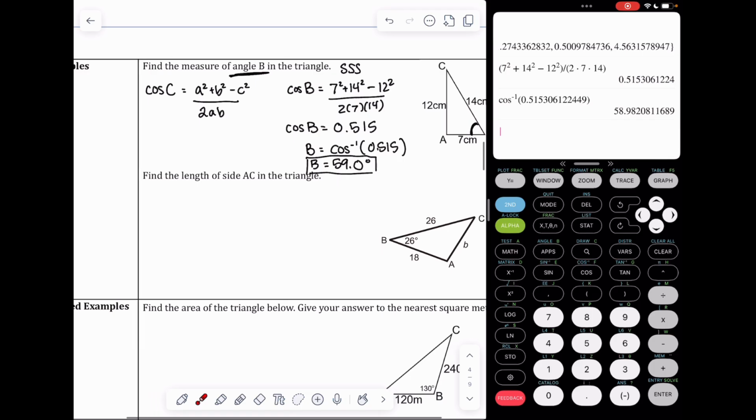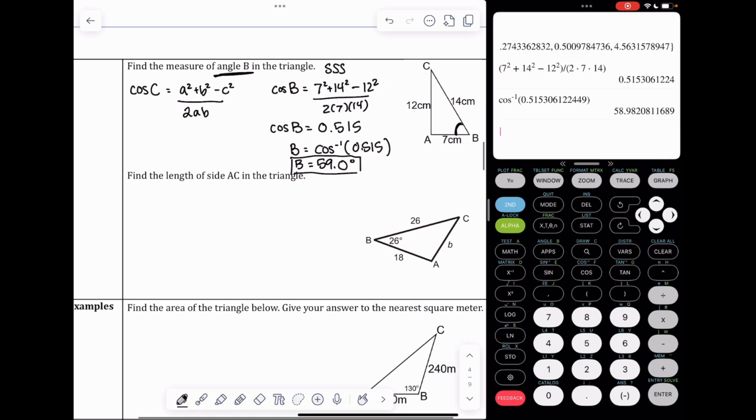So that's going to be our c squared equals a squared plus b squared minus 2ab cosine of big C.